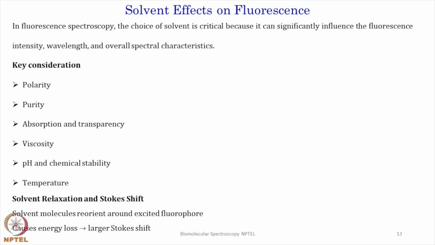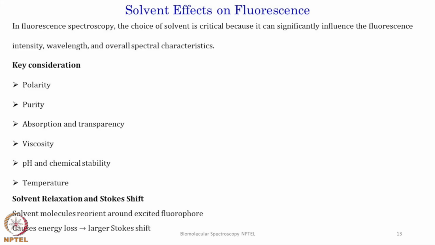Therefore, you have to take care of the polarity of a solvent, purity of a solvent, absorption and transparency, your solvent should not absorb, the viscosity has to be taken care of because that changes the fluorescence intensity, pH and chemical effect, and solvent relaxation and Stokes shift basically can change it.